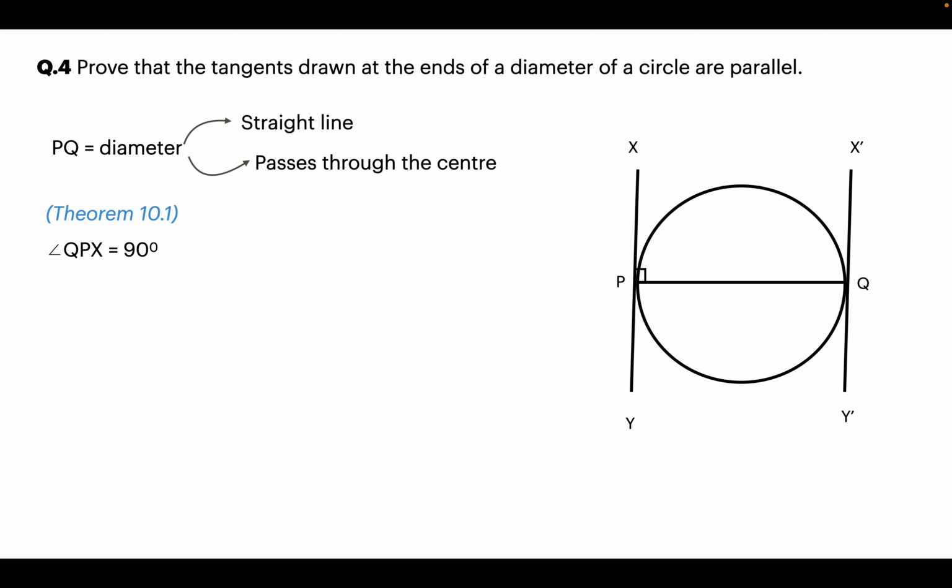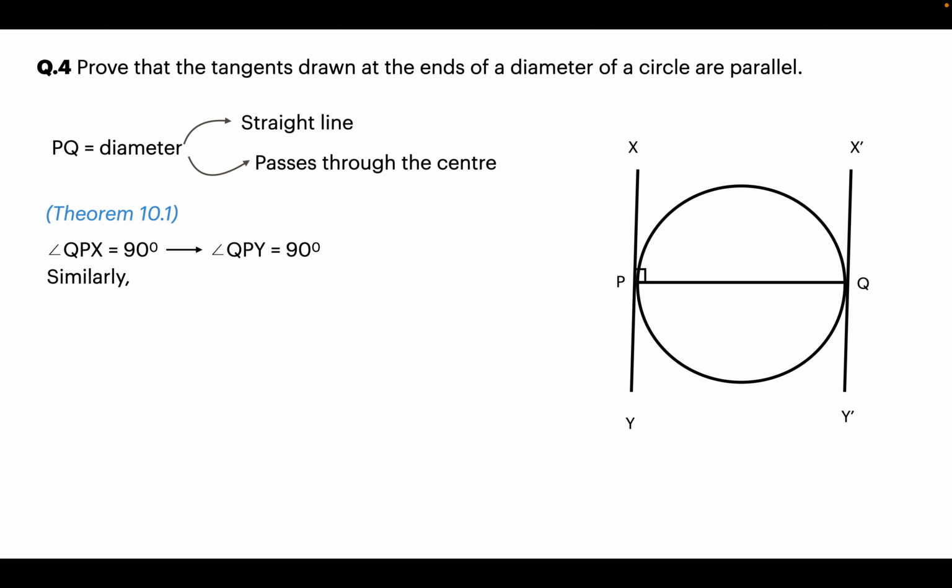The center would be somewhere on this diameter, so we can say that we have drawn a radius to this point of contact, and that radius is going to be perpendicular at P. This angle is going to be 90, and if this angle is 90, then it follows that angle QPY, because this angle is adjacent to this angle, is also going to be 90, right?